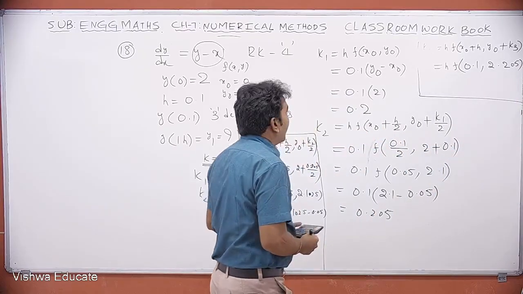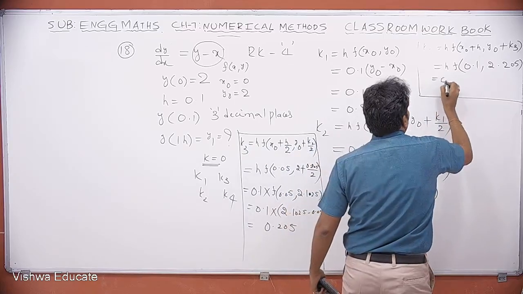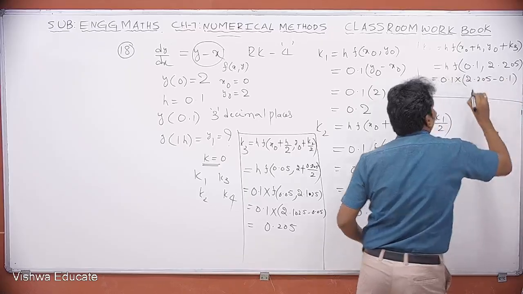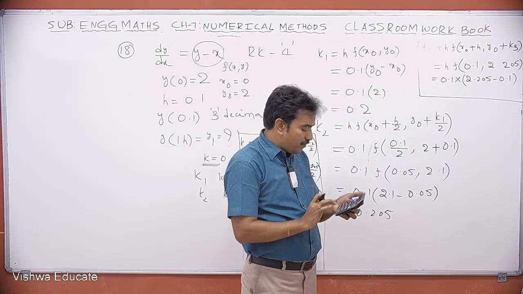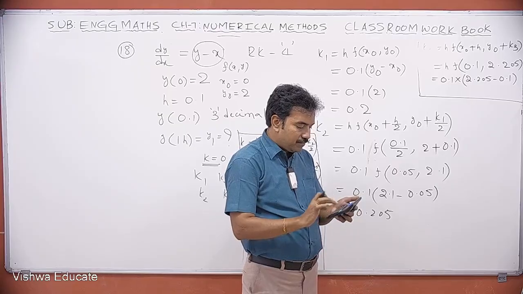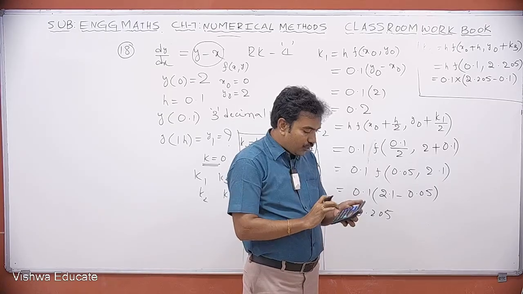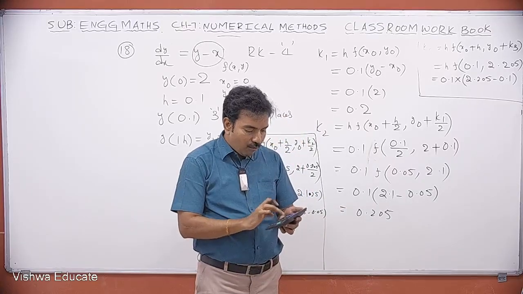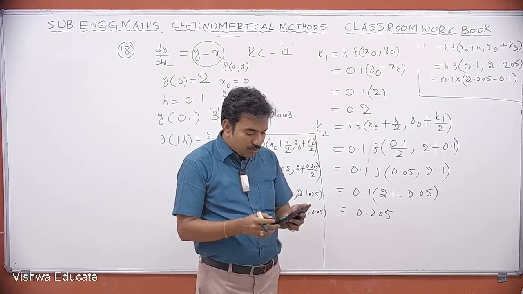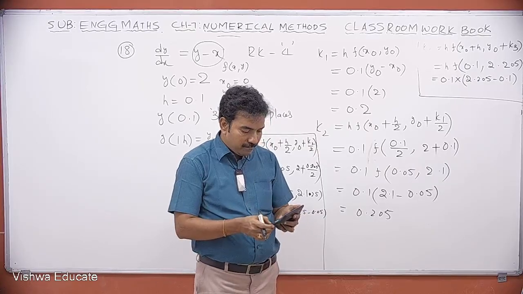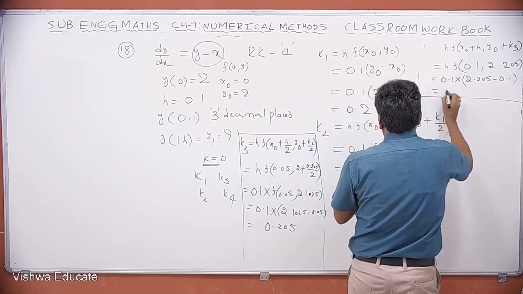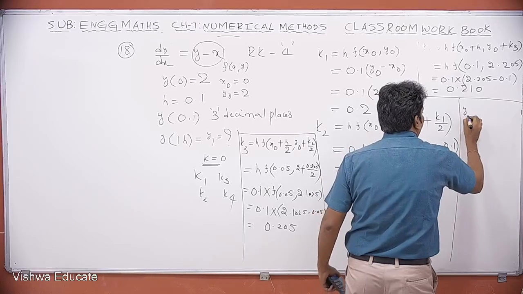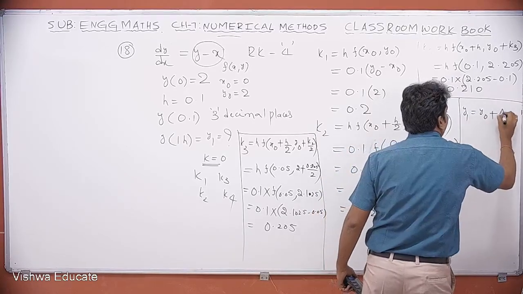Therefore, this becomes 0.1 into 2.205 minus 0.1. Now, let us simplify this: 2.205 minus 0.1, into 0.1. This is 0.210.